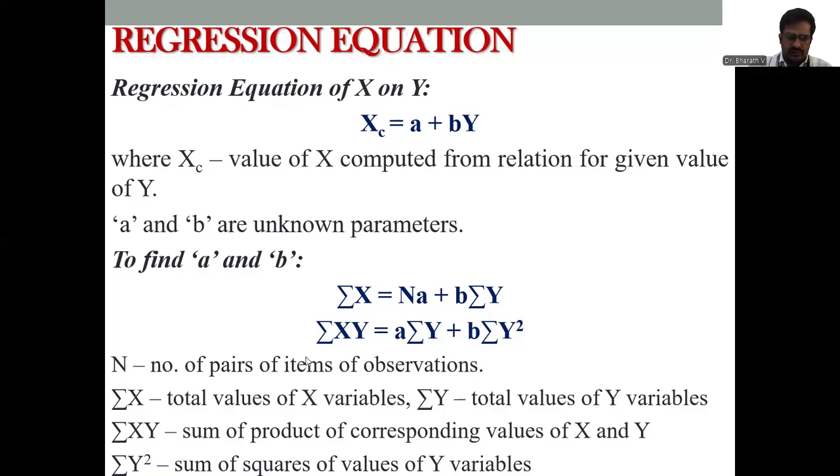The second equation is sigma xy equals a multiplied by sigma y plus b multiplied by sigma y squared. By simplifying these two equations, we can calculate the a and b parameters. Then, based on these, if you give any y value, the x value will automatically be calculated.